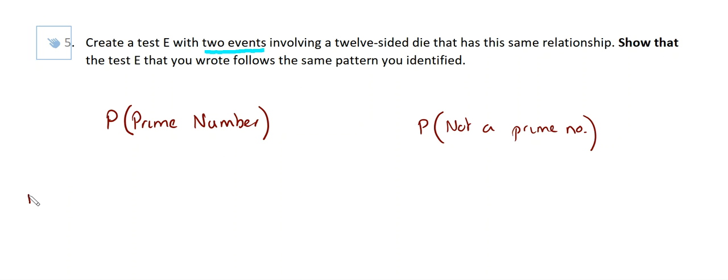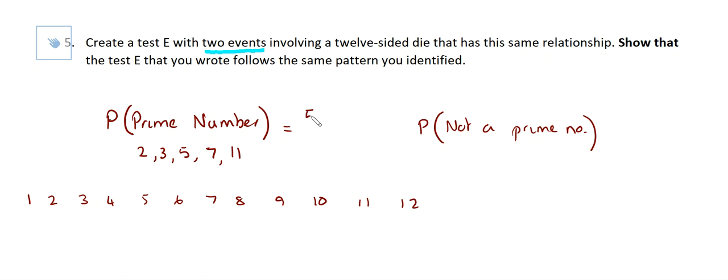So the prime numbers, we've got 1, 2, 3, 4, 5, 6, 7, 8, 9, 10, 11, and I'm not saying this is the one you have to do, but the prime numbers are 2, 3, 5, 7, 11. So that would be 5 from 12. Not a prime number would be 1, 4, 6, 8, 9, 10, 12.